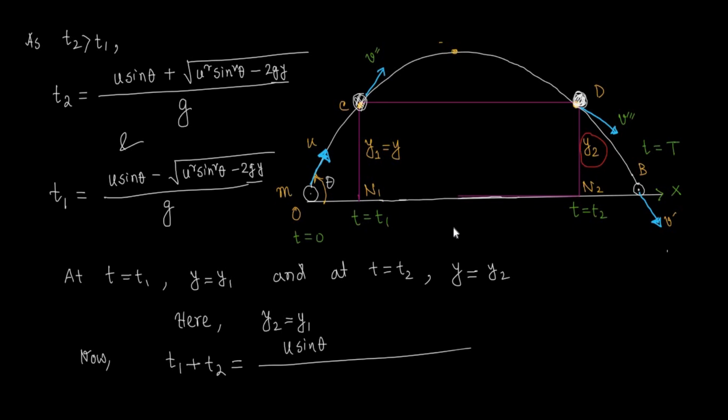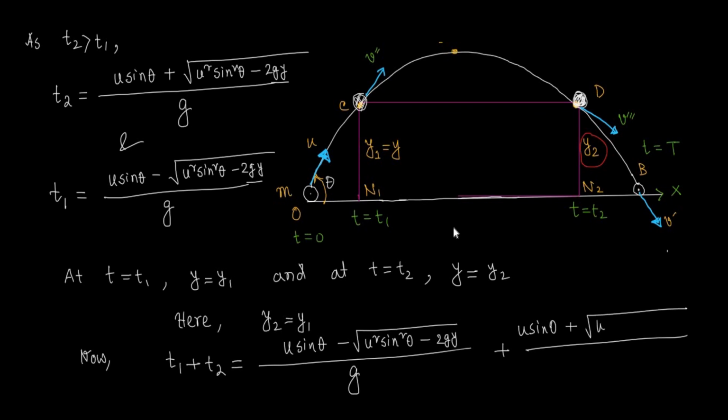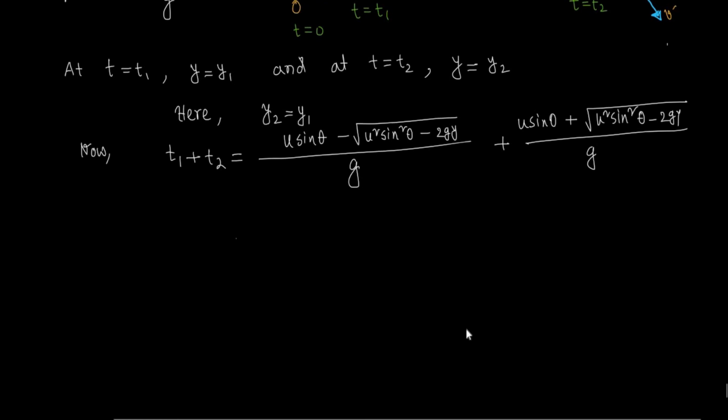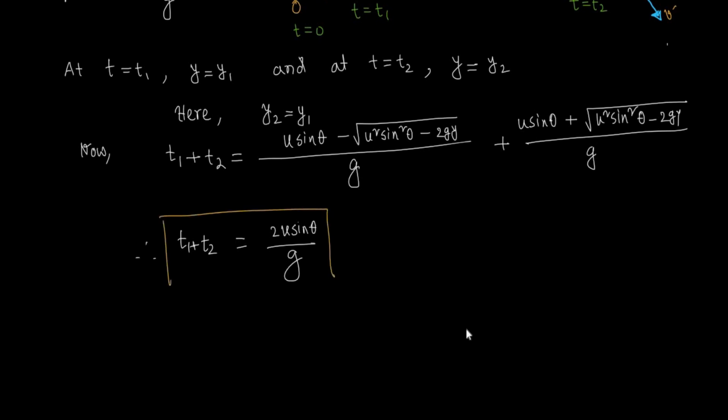Now t1 plus t2 is equal to u sin theta minus root of u square sin square theta minus 2gy, divided by g, plus u sin theta plus root of u square sin square theta minus 2gy, divided by g. If we simplify, we get 2u sin theta divided by g. That is, the sum of these two timings t1 and t2 is equal to 2u sin theta divided by g.